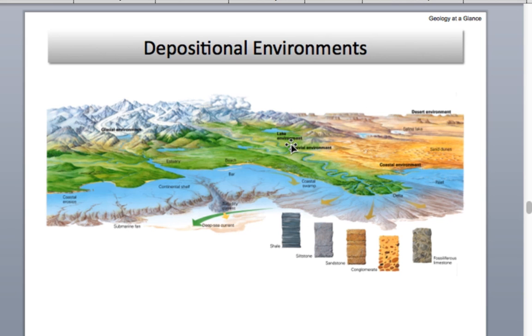There's fluvial or stream environments here, lake environments. And then there's the coastal environments, which include deltas, estuaries, marshes. And then there's marine environments, which include the continental shelf, the slope, these submarine canyons out here, and abyssal fans, turbidity currents out here, and then obviously the deep ocean in the abyss.